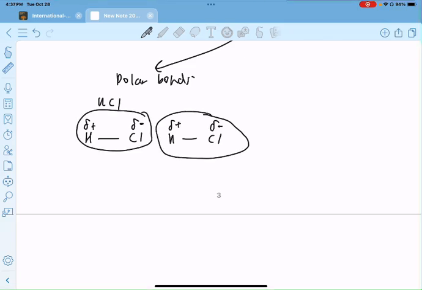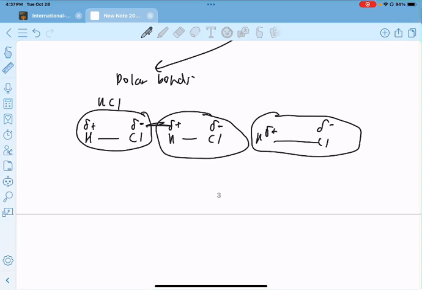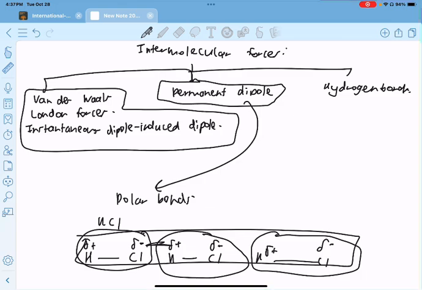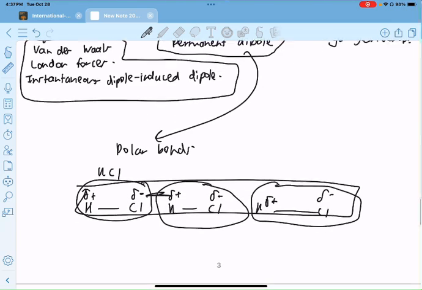There will be a bond between this delta negative and delta positive, and essentially that's how it will form throughout. This is basically what a permanent dipole is. This only happens in polar compounds, and they work in a lattice structure. So this structure here is known as a lattice structure.